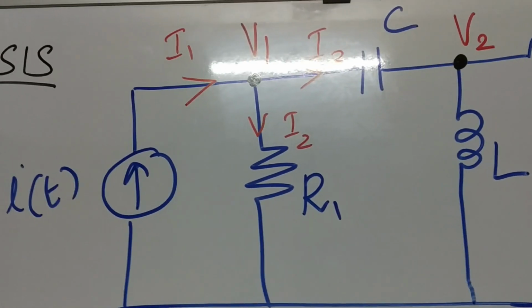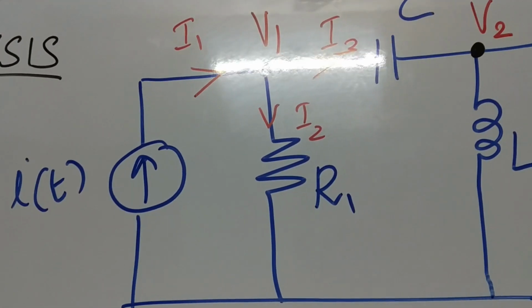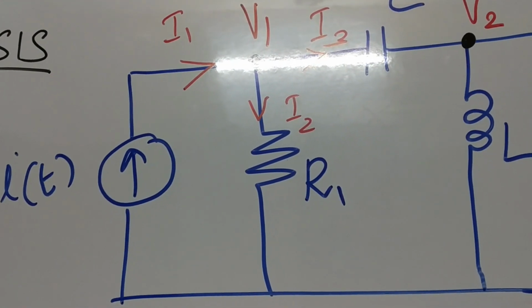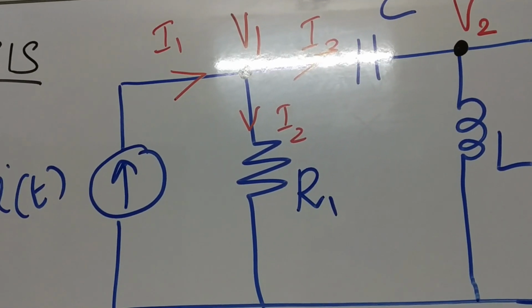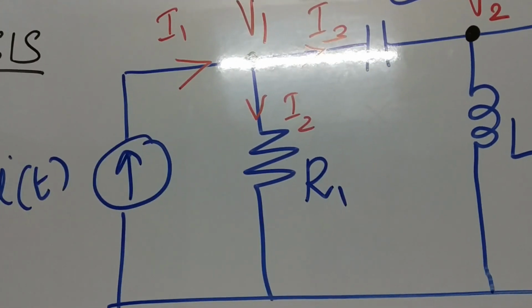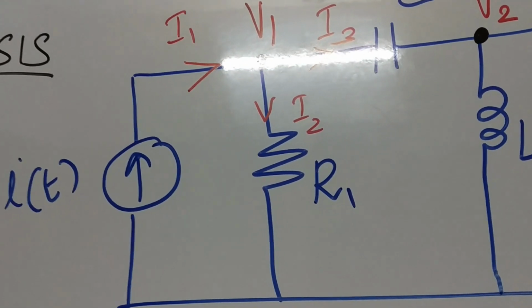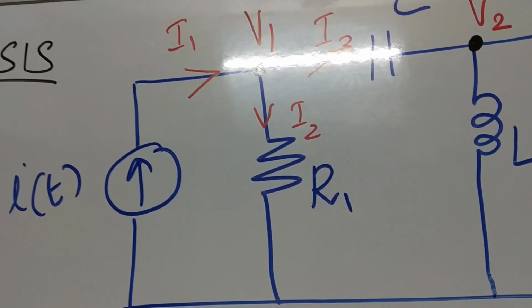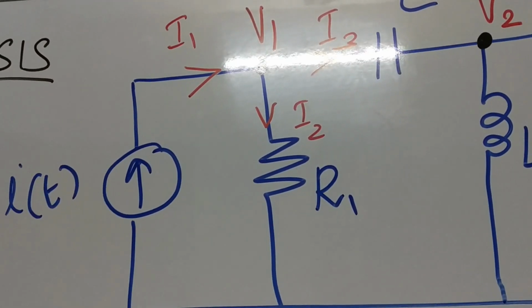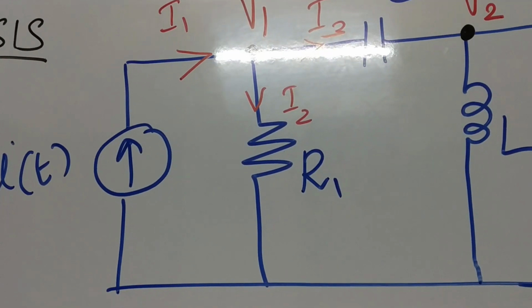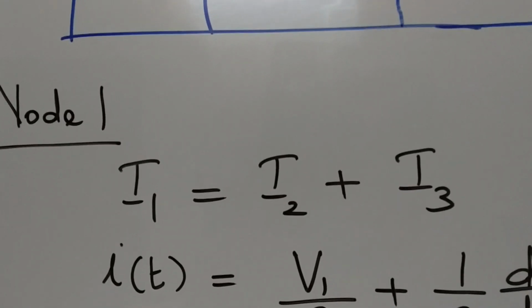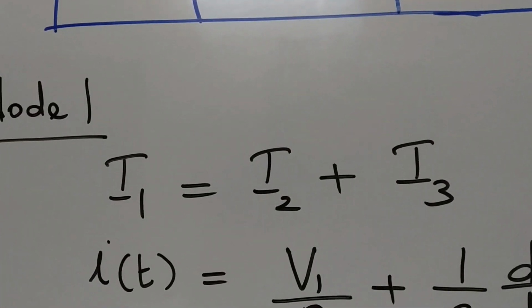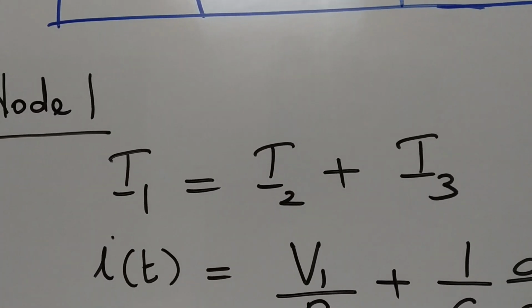So only in these 2 cases we take the actual direction. One is if a current source is present, you take the direction of the current source as such. Second is if the direction is given in the question. In all other cases we assume that current is leaving the node. So here I1 is taken as entering the node and I2 and I3 are taken as leaving the node. So when you write the node equation for node 1, it will be I1 equal to I2 plus I3.